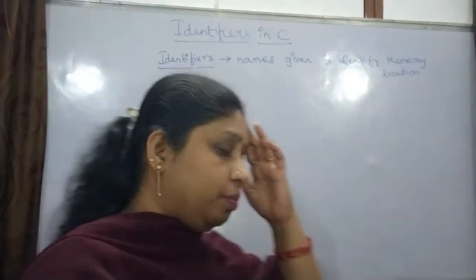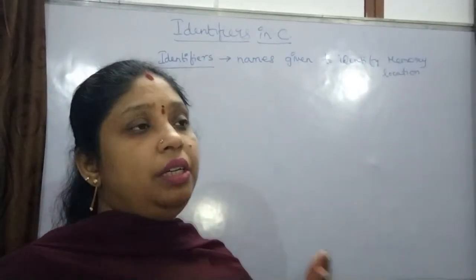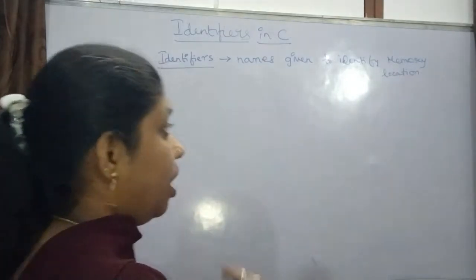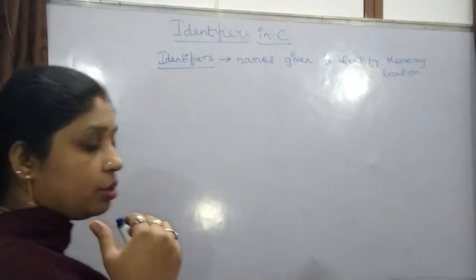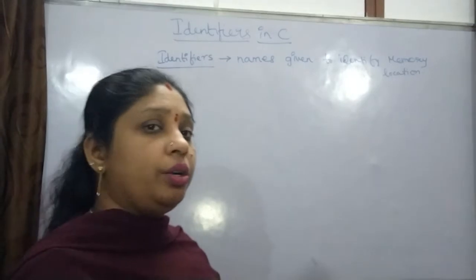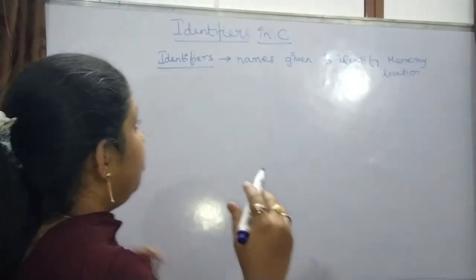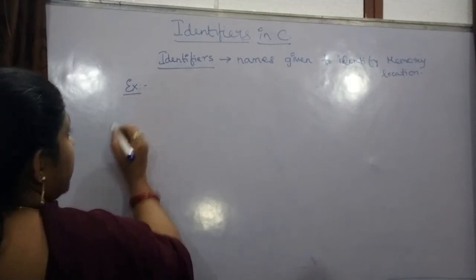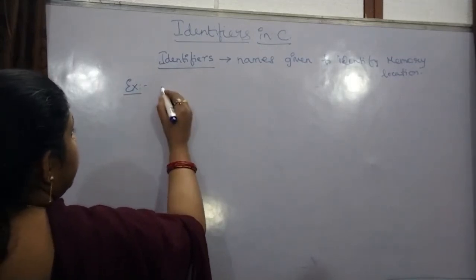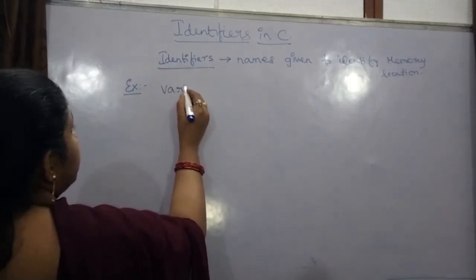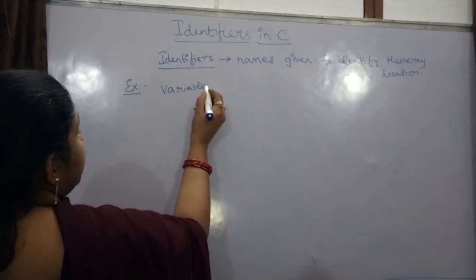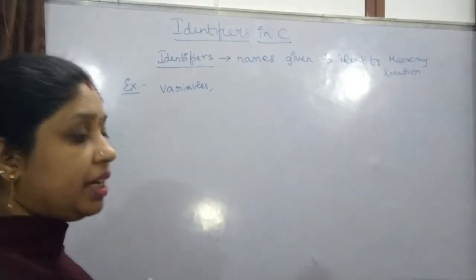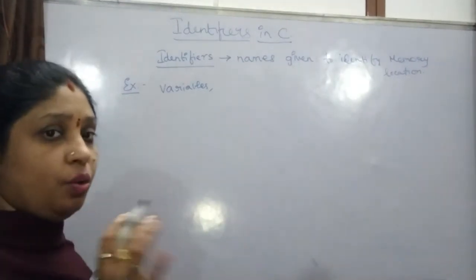These can be written by your own, any letter, anything you can use. I am going to explain the rules to write the identifiers. First of all, let us know what will be there in identifiers. For example, identifiers will be the variables, where you will be declaring the variables to assign the values.